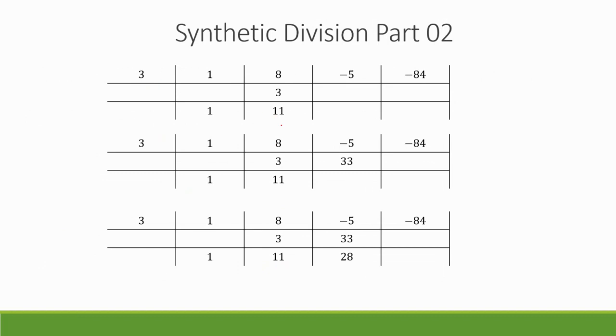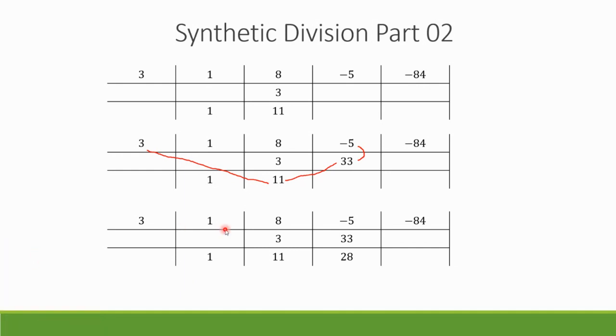What's next? You repeat the process. So now you're going to do 3 times 11, and that's 33. That goes up here. Then we add these two, that gives us 28, which is down here.